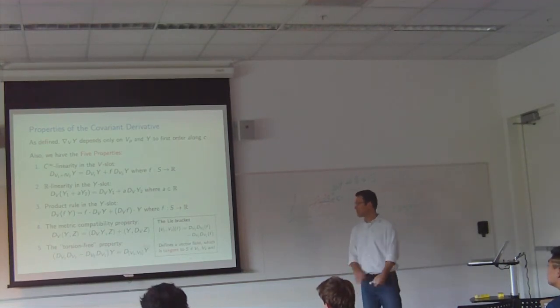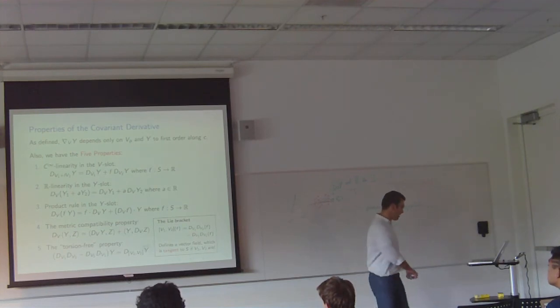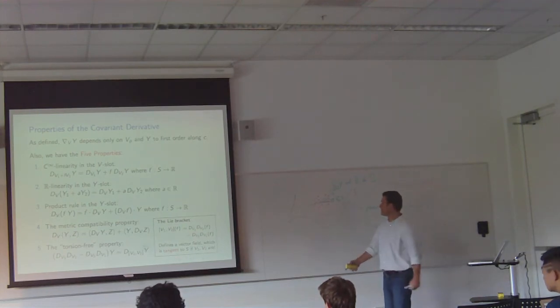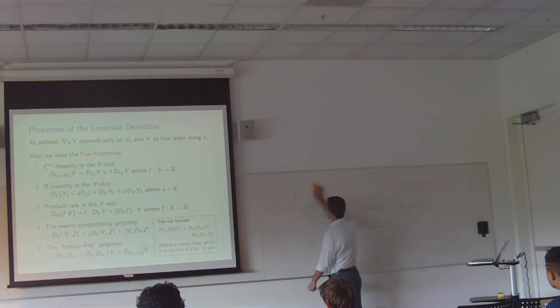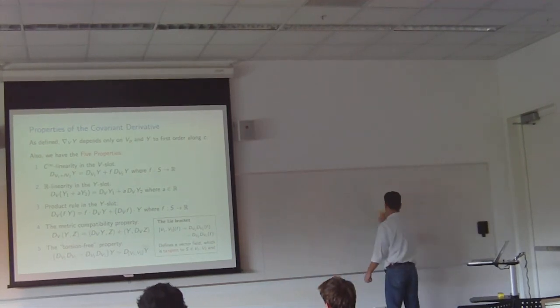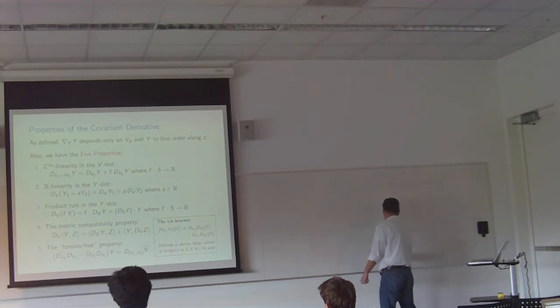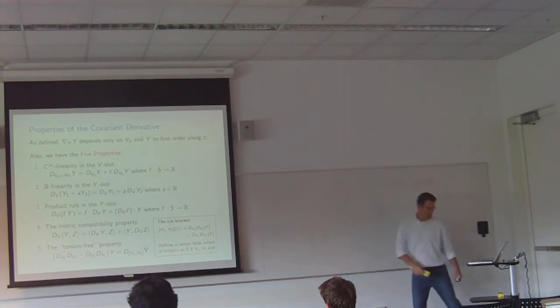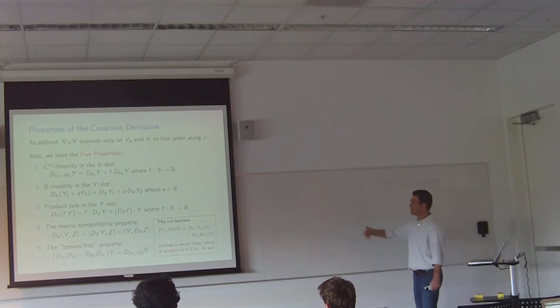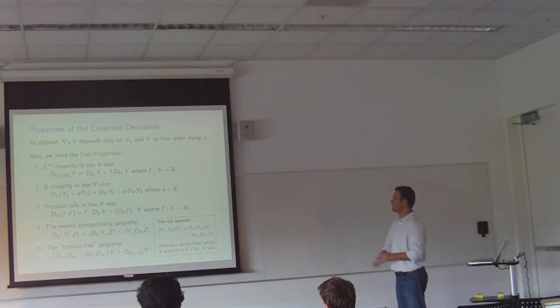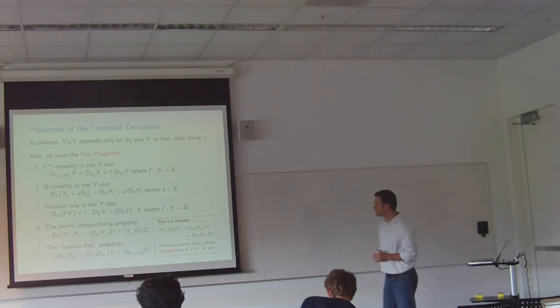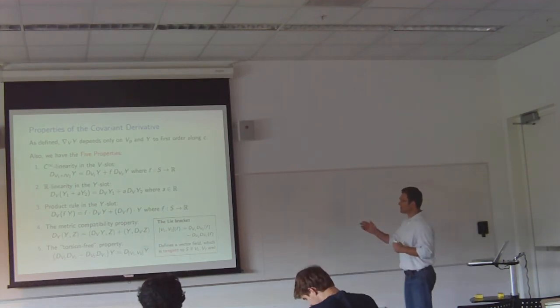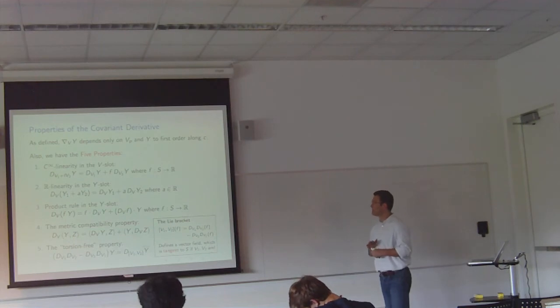There are 5 important properties that this covariant derivative operator satisfies. You don't have to memorize these 5, but you should remember that there are 5 of them. When you go ahead and do calculations, you'll be able to follow your nose and it'll work out, and it'll be because of these 5 properties. The 5 properties are going to come back a bit later.